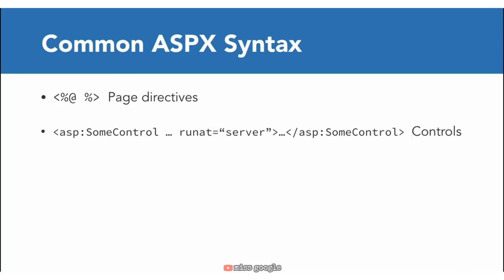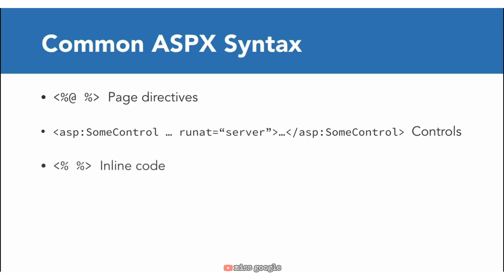In our case that would be System.Web.UI.WebControls. So that's where it will find the information about that control. And then in the opening tag, I can add different properties that I want to set for this particular control. Then on the second one, if the control gets some content, I can put it in there. And again, the ASP.NET processor will use that content for whatever it needs to use it for.